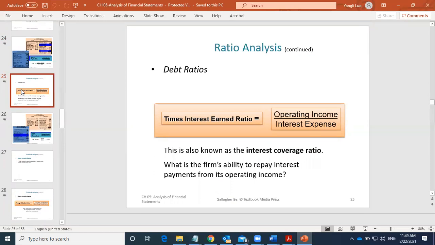EBIT divided by interest. When you go to the bank, this number usually is required to be greater than 4. The times interest earned ratio usually has to be greater than 4.